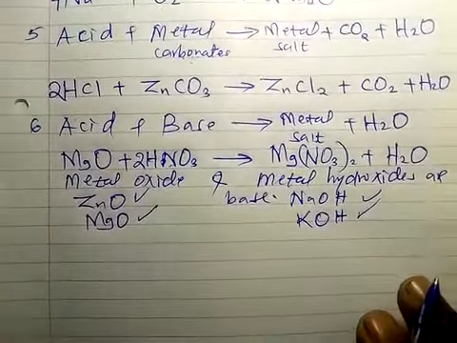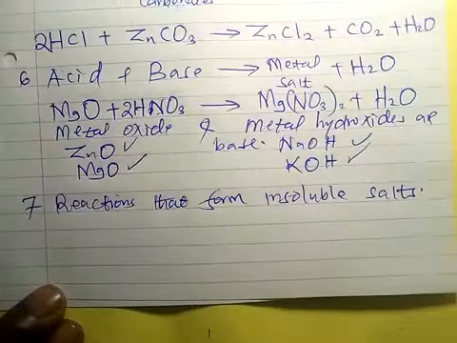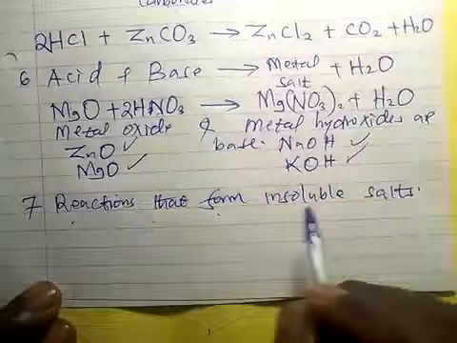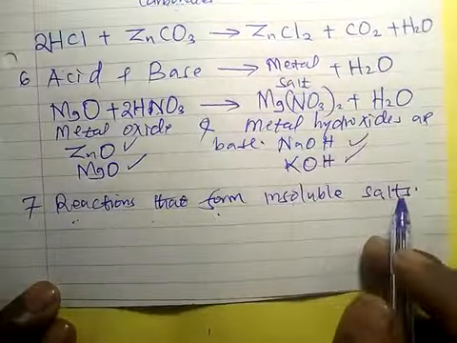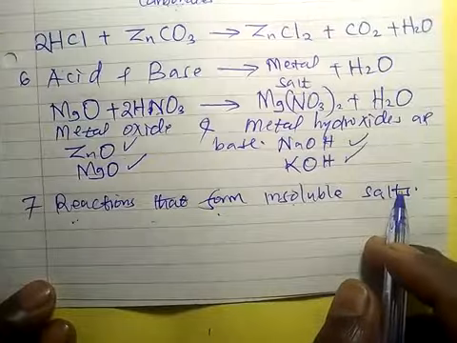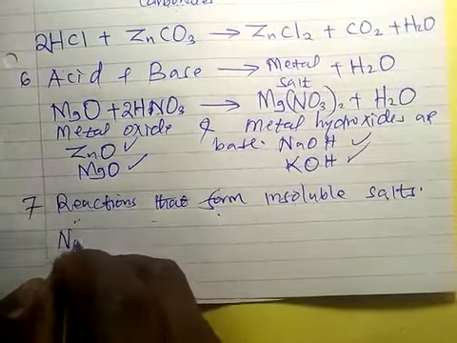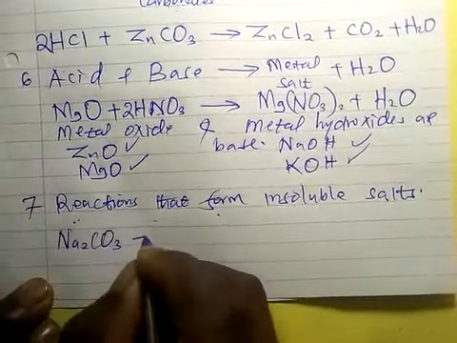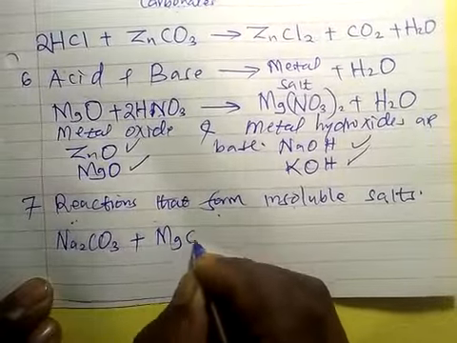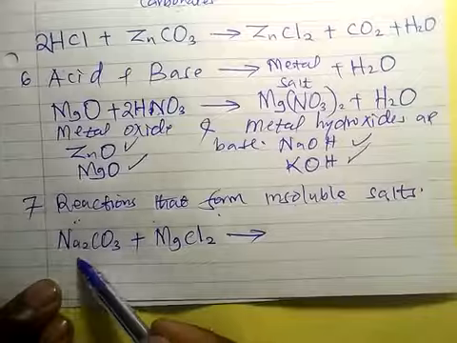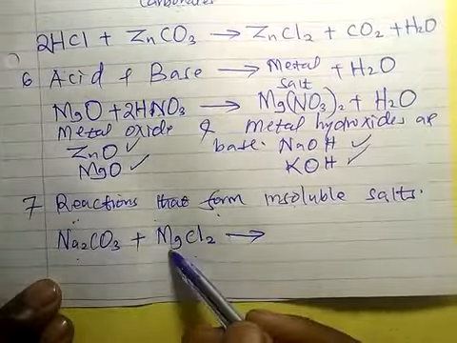Number 7. Reactions that form insoluble salts. For those reactions, you should know what the products are. For example, sodium carbonate plus magnesium chloride. Now sodium carbonate is reacting with magnesium chloride.